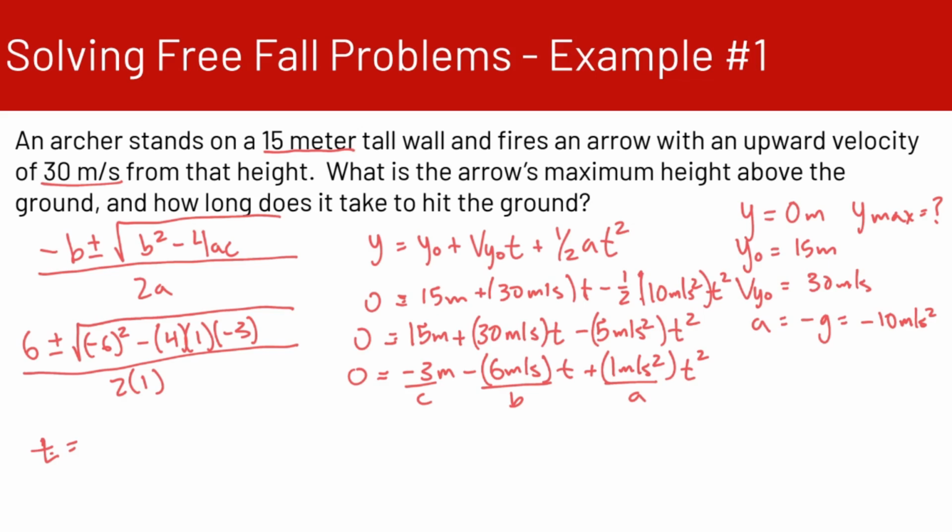For 6 plus, we get 6.46 seconds, and we get minus 0.46 seconds. So obviously, the one that we know is correct from the first time we worked the problem is 6.46 seconds. And of course, negative 0.46 seconds is not a reasonable answer for a time. So we can obviously choose 6.46 seconds.